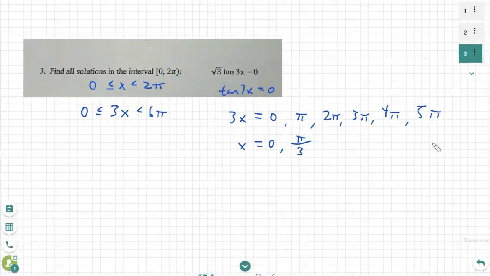So now if that's what 3x equals, what does x equal? 2 pi over 3, 3 pi over 3, 4 pi over 3, 5 pi over 3. And you notice that all these answers are still within 0 to 2 pi for x.